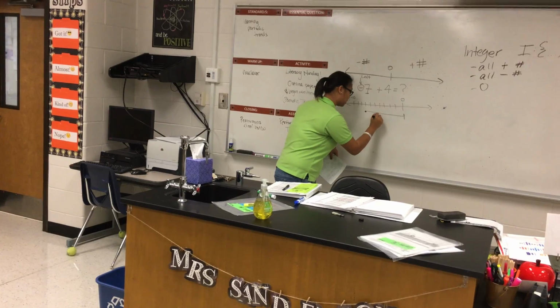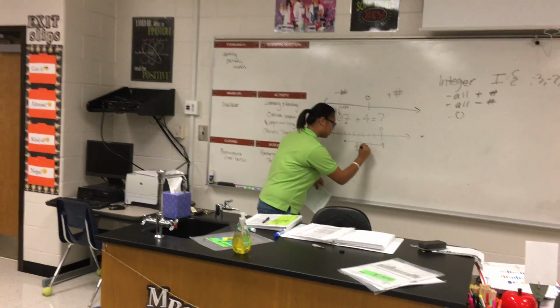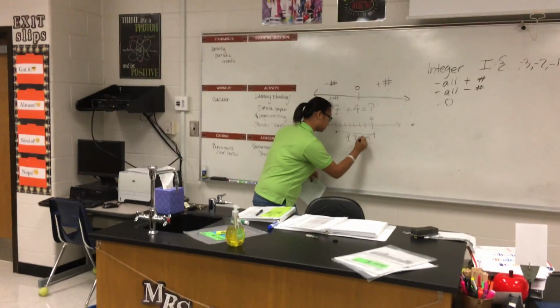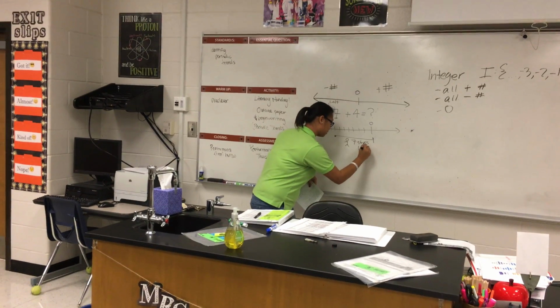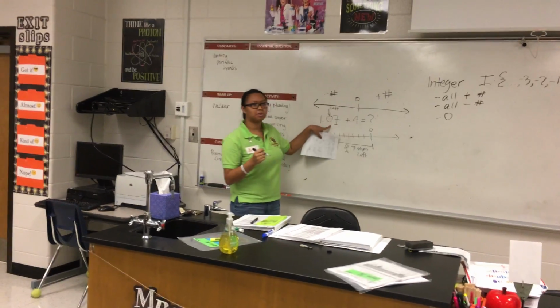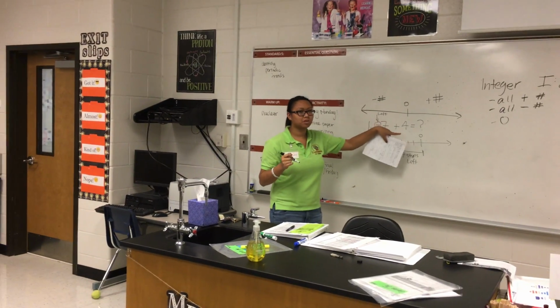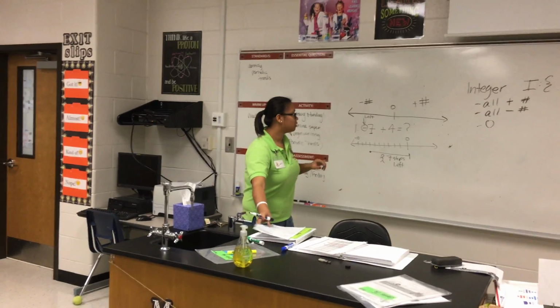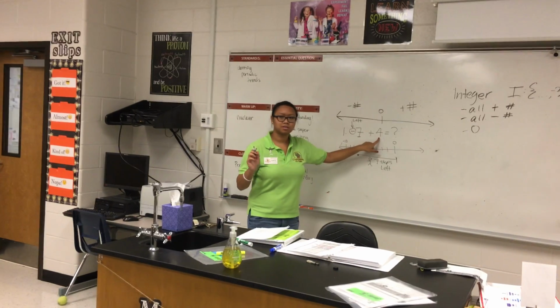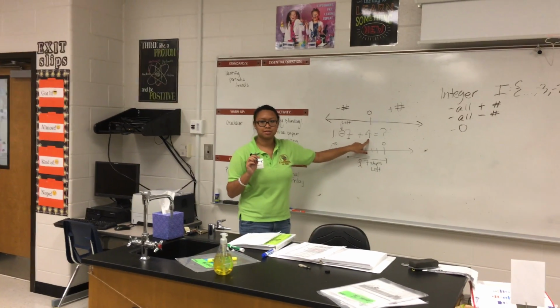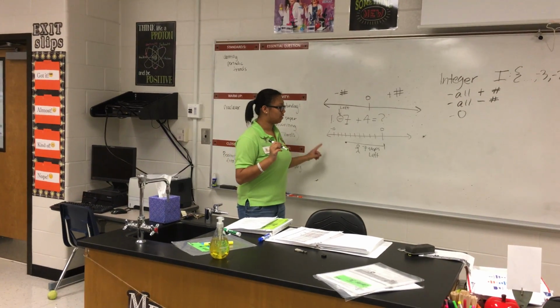So we've walked 7 steps to the left. Okay? That's the first part. Now we're adding 4 steps. If we're adding 4 positive steps, what way are we going to go, right or left? Right.